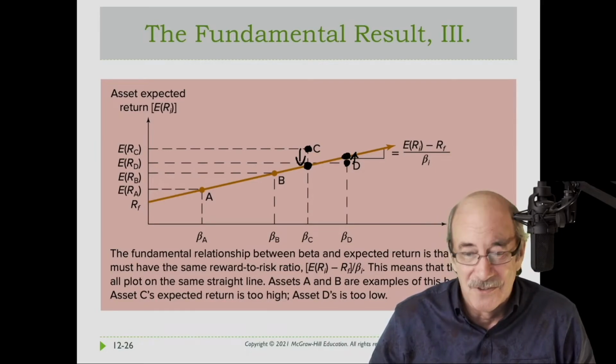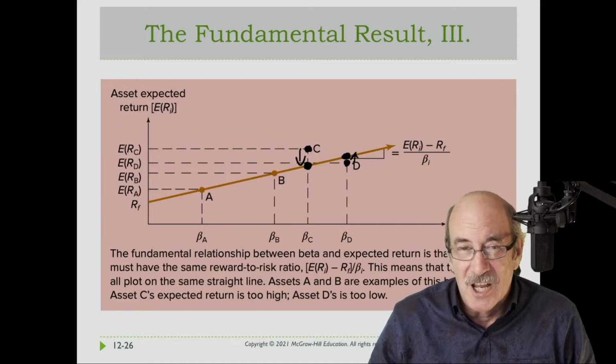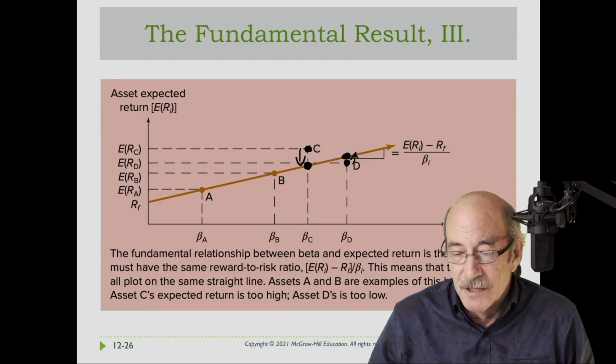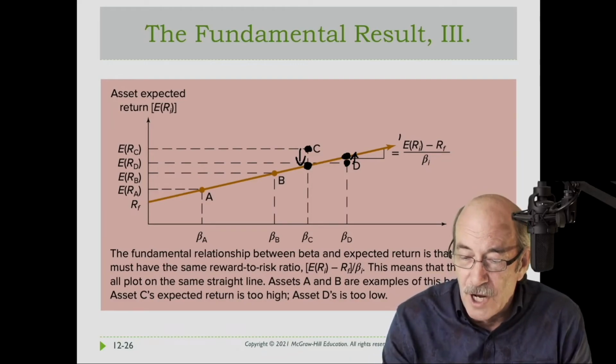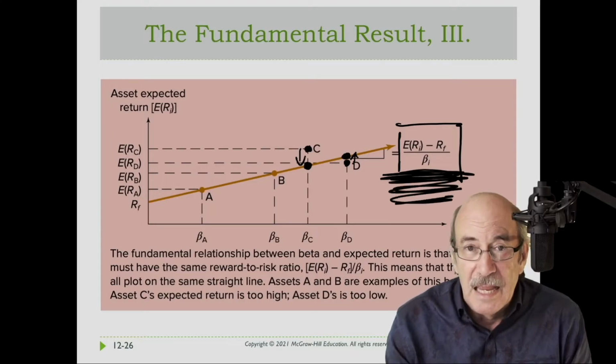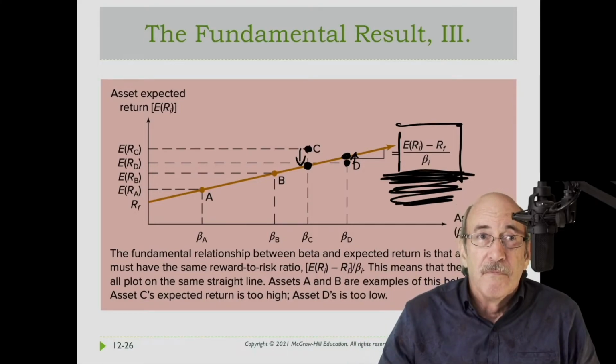That's all assumptions. But you get the idea. I think this holds enough water from a very intuitive sense that the reward to risk ratio, this thing right here, is the same for every single security.